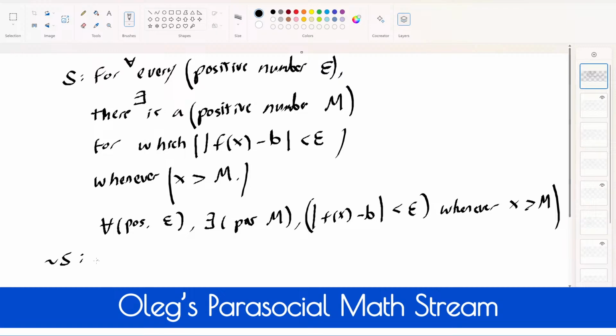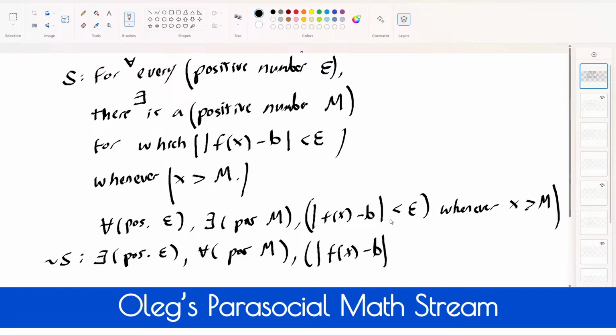we're going to say there exists positive epsilon for all positive m, and then the formula here, you know what? We are going to flip those signs. Let's flip some signs here.